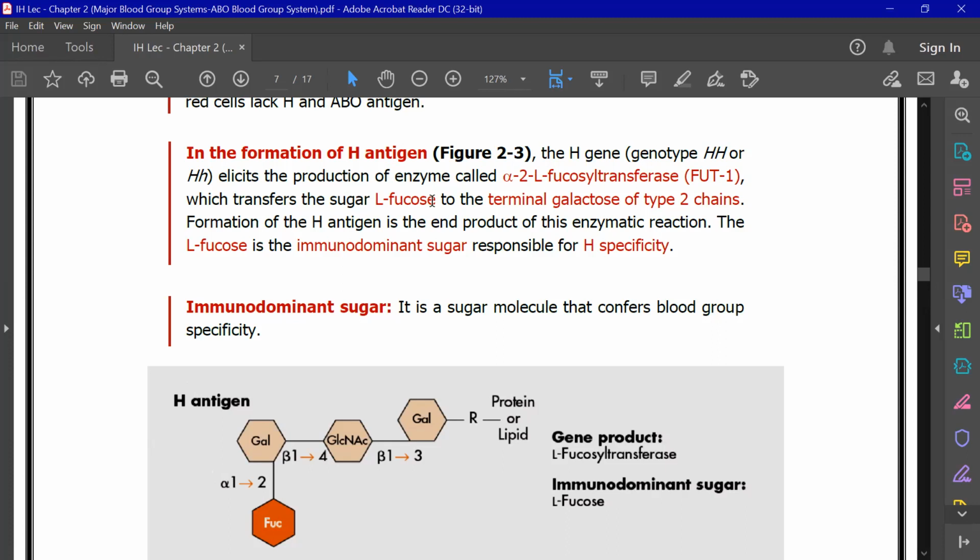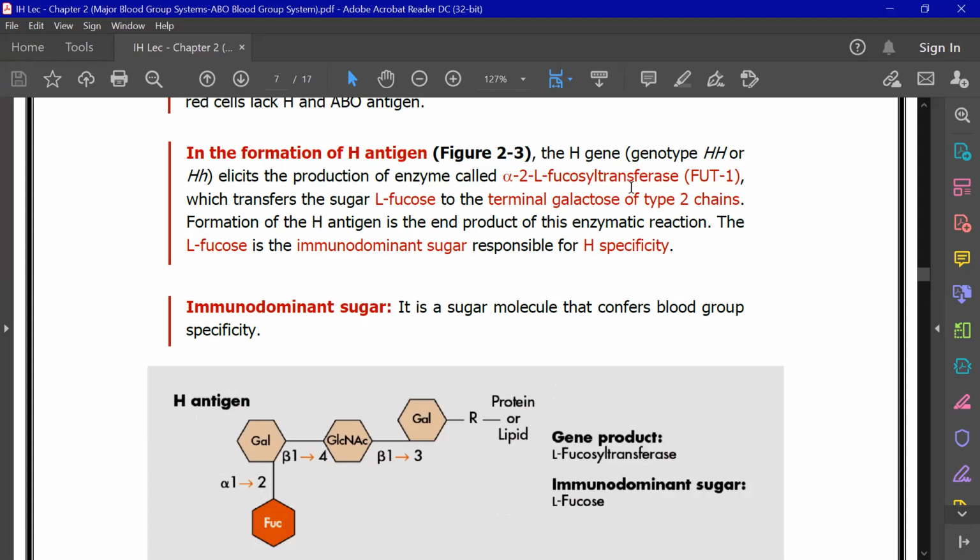So are you getting the flow? Did you apply the general concept I explained at the very start? We have our basic precursor substance, your paragloboside or glycan. Once we inherit the H gene, it will produce a protein or enzyme called alpha-2-fucosyl transferase.